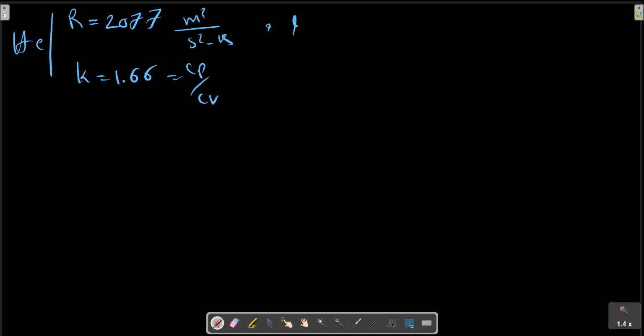The viscosity of helium is approximately 2 gram on the meter second. From the power law, n equals to the relation. Calculate the helium speed of sound and velocity.